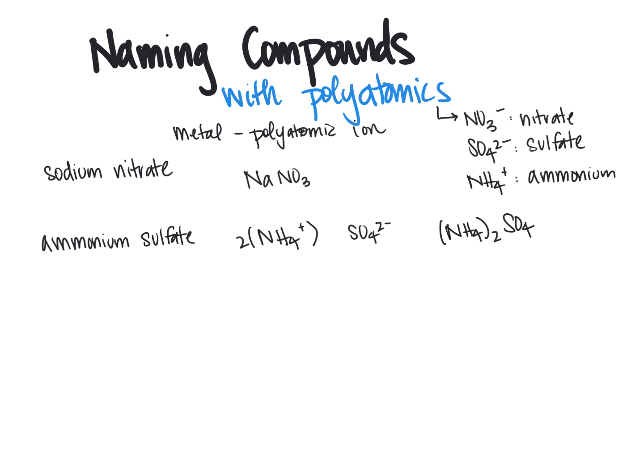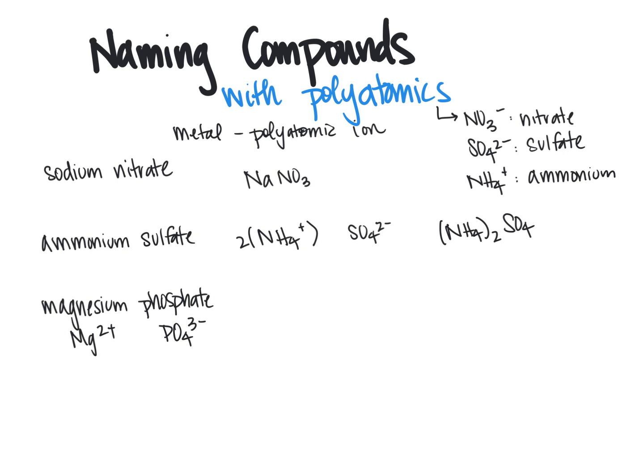The polyatomics keep their name. It becomes complicated when we want to go from the name to the formula. If we have magnesium phosphate, we know that the magnesium is Mg2 plus and the phosphate is PO4 3 minus.